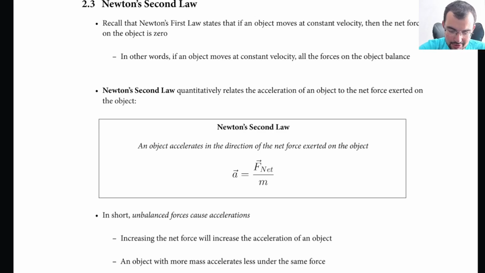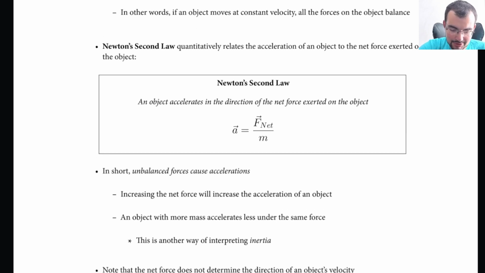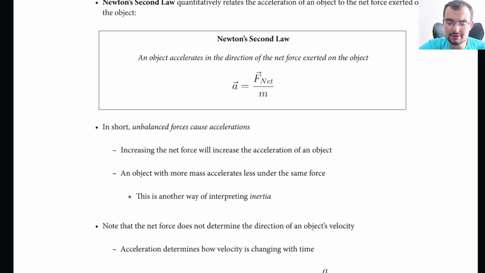Newton's second law describes the general case where there's a non zero net force exerted on the object. I like to state Newton's second law in words as an object accelerates in the direction of the net force exerted on the object, but we will always use it in equation form where the acceleration of an object is caused by there being a net force, and that acceleration is inversely proportional to mass.